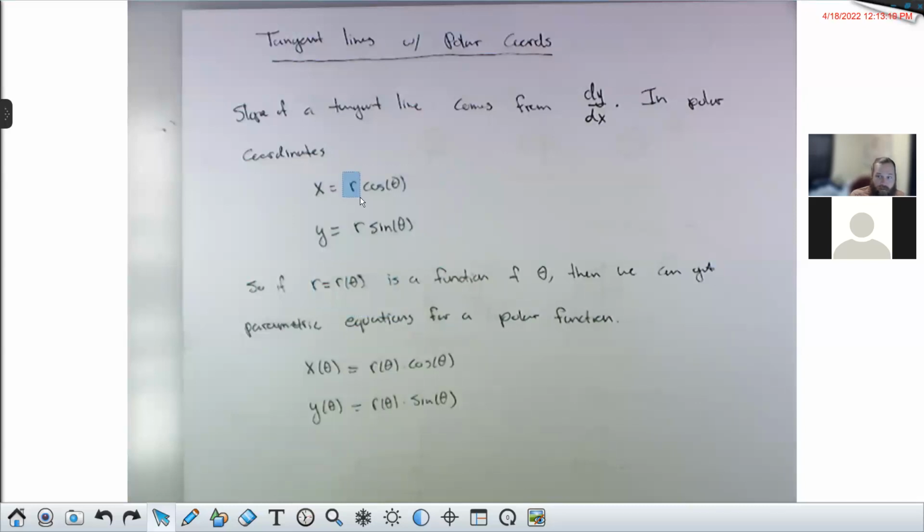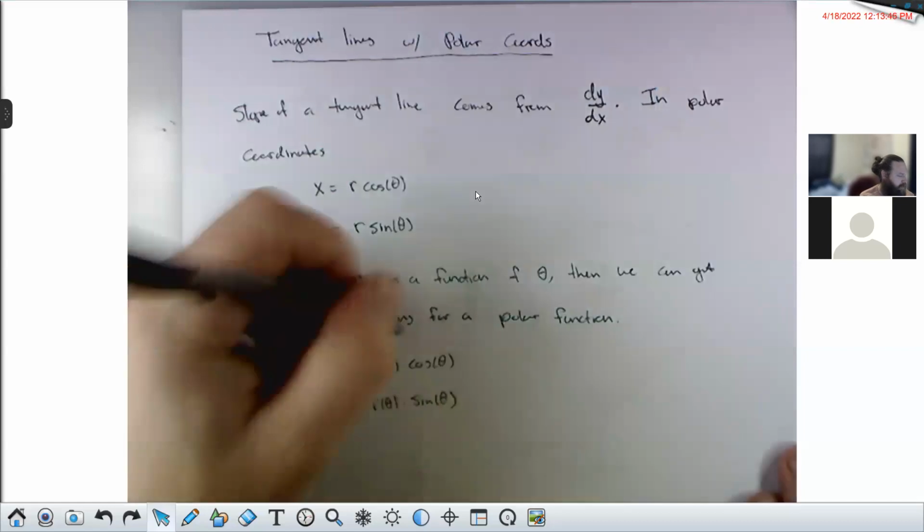R isn't a constant here, it is a function that changes as theta changes. So in here goes r of theta, and you get this. This is x of theta. I'm saying x is a function of theta. You could just write x equals if you want. But the big deal is that these are parametric equations. And we know how to find dy dx for parametric equations.